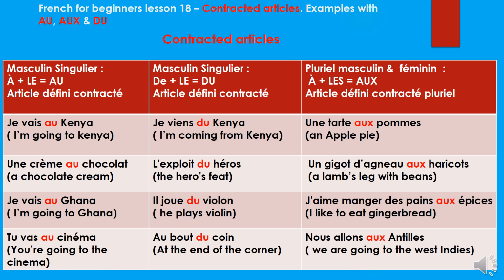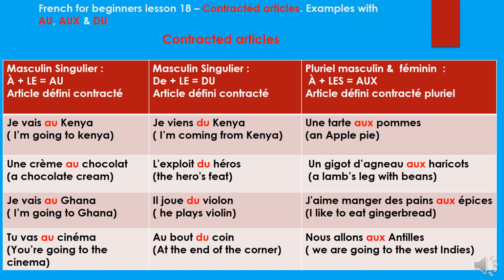So here we are dealing with that contracted definite article whereby it is DE plus LE is equals to DU. In French, you would have said de plus le égale du. The equal sign in French is égal. It means égal.